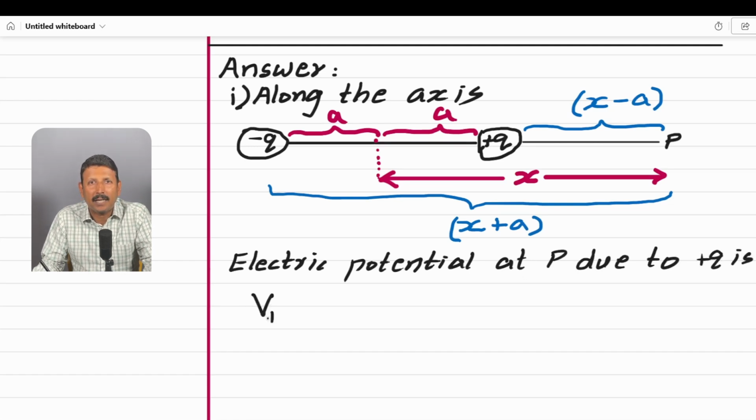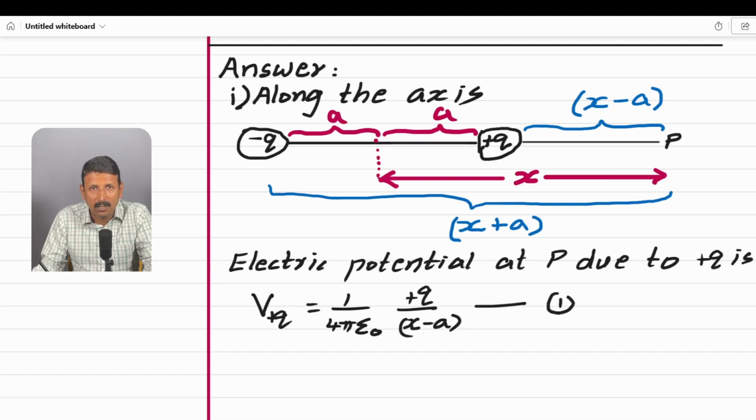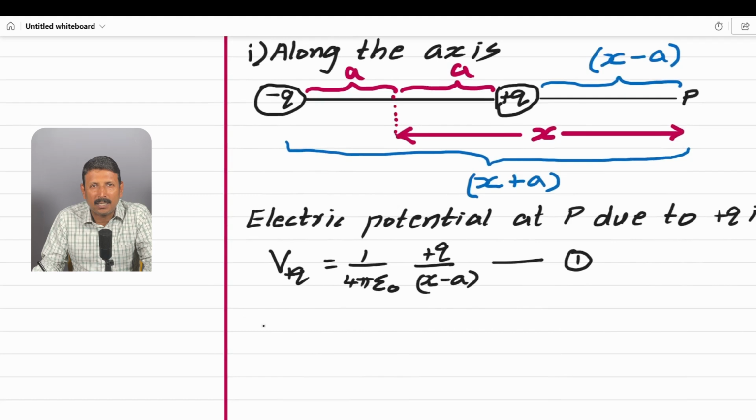Electric potential at P due to the first charge, plus Q, is V plus Q, or V1, that is up to you. V plus Q is equal to 1 by 4 pi epsilon 0, charge divided by distance between them. Here the charge is plus Q and the distance for plus Q is x minus a. That is our equation number 1.